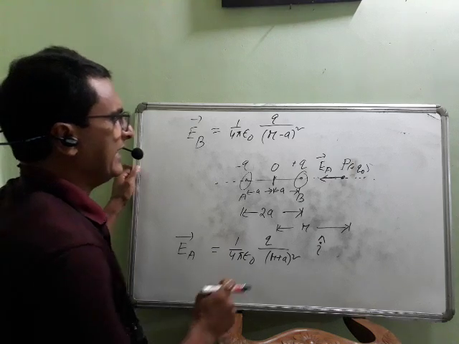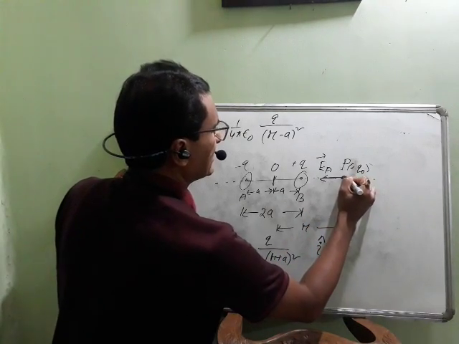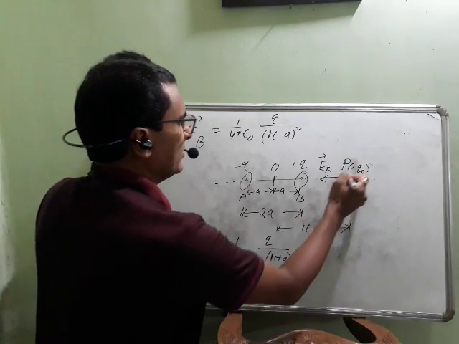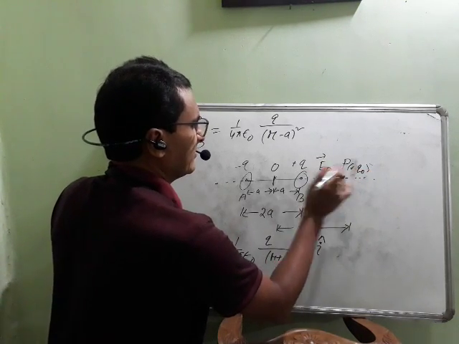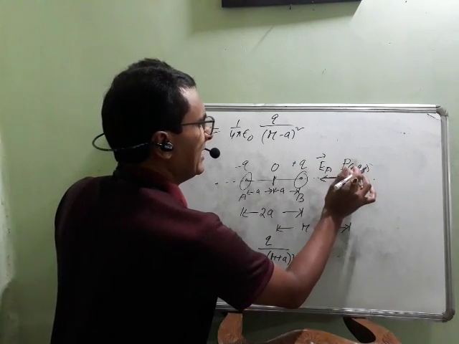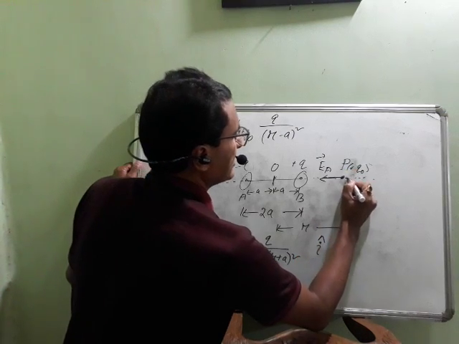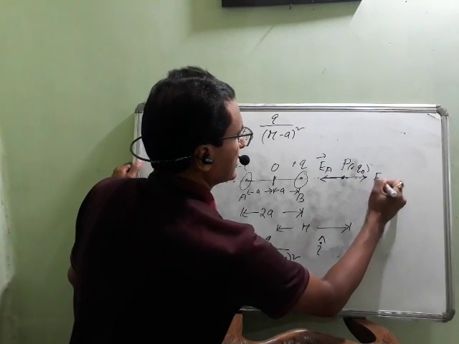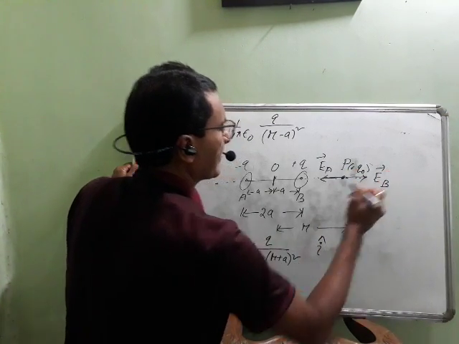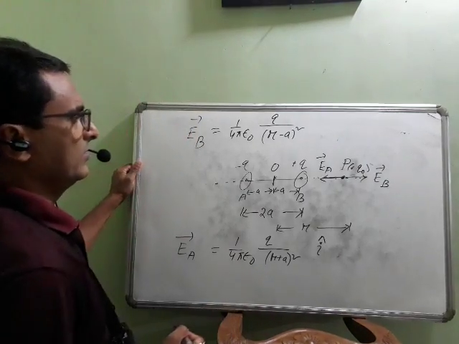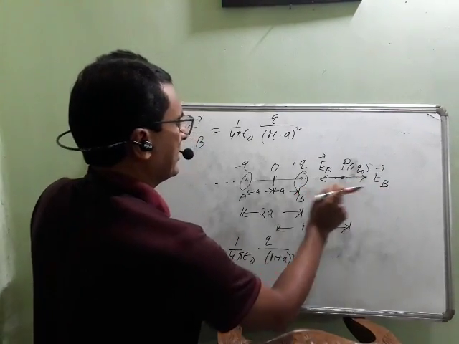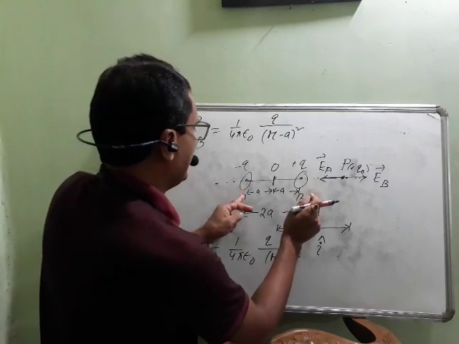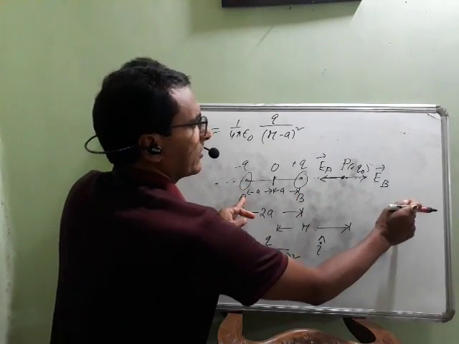Now what is the direction of E_B? Here we put a unit positive charge. This is positive, so this positive charge will repel the test charge, so its direction will be in this direction. This is the direction of E_B. Now this is along AP.